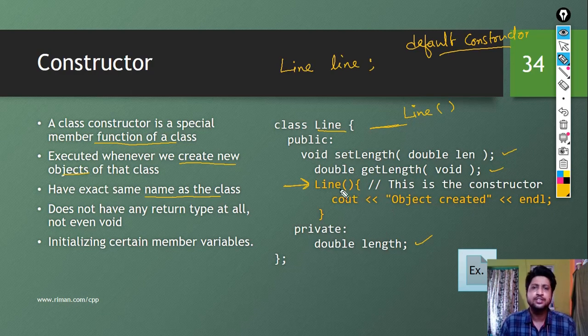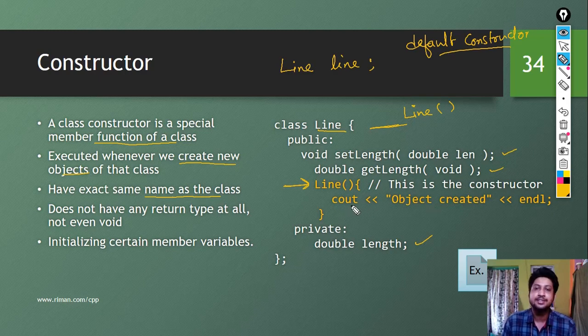And this is the Line constructor, so this is how we can write our own constructor. Whenever we write our own default constructor, the compiler will stop providing the default constructor. So instead of the compiler's constructor, this particular constructor will execute, and whatever statements we write in this block will be executed.